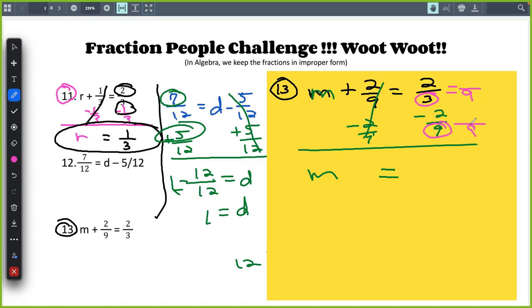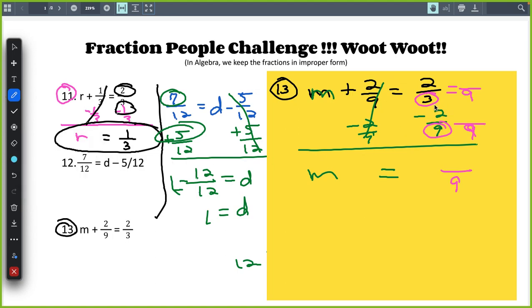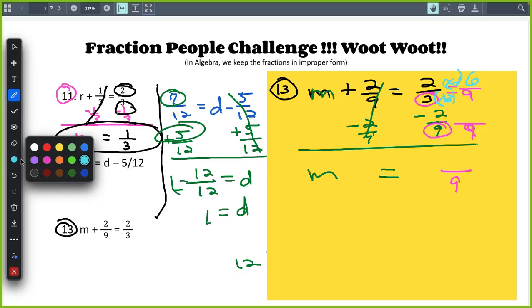So I'll say 9. Oh, that's a 9. And then 9. Going to go ahead and raise to higher terms, right? 3 times what number is 9? Oh, well, 3 times 3. Whatever I do to the bottom, I have to do exactly the same thing to the top. 2 times 3 is 6.